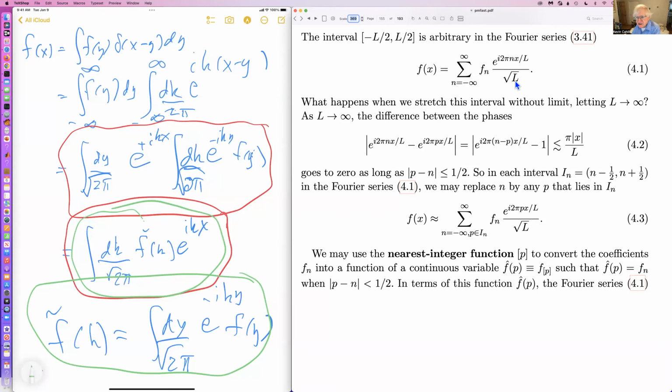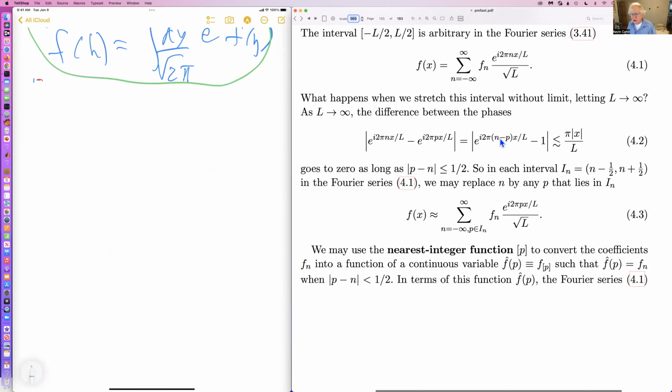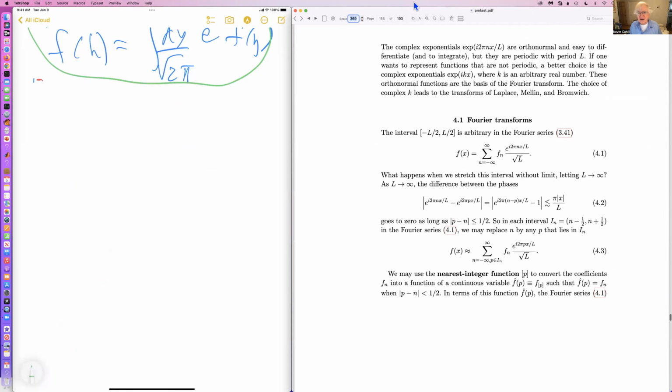So in other words, instead of summing over n, for each n we can integrate over this interval from n minus a half to n plus a half, and we can integrate not over n, but over p replacing n, as long as p is close to n.